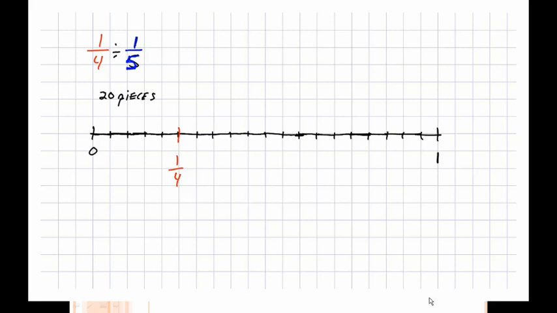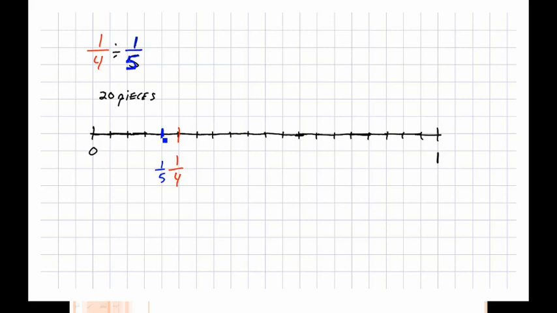Where's 1/5? Now, 1/5 is here. If you wanted to split this number line up into 5 equal pieces, then each piece would have 4 units.